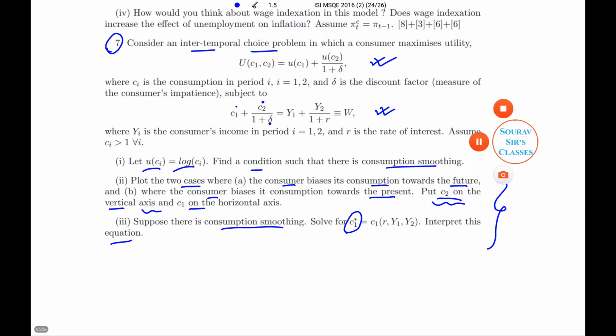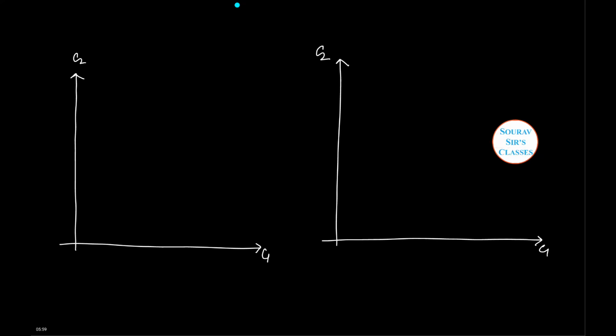Let's do it. Here I have drawn two diagrams. The first case we want to show is future biased, and case 2 we want to show is present biased. Before going into the diagram, let me make the budget line first.